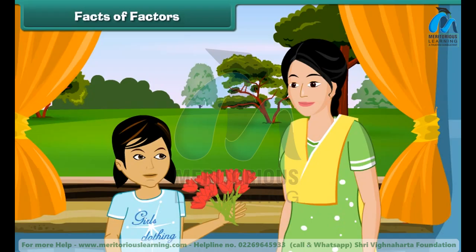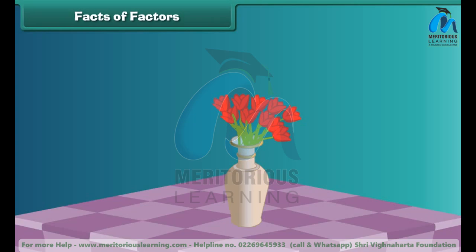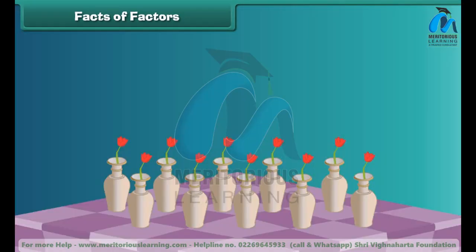Prerna gifts her mother a bunch of 10 red roses on her birthday. Prerna's mother arranges them all in a single flower vase. We can express this arrangement as 10 multiplied by 1 is equal to 10. Prerna's mother tries out a different arrangement.